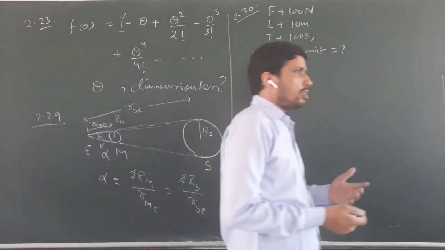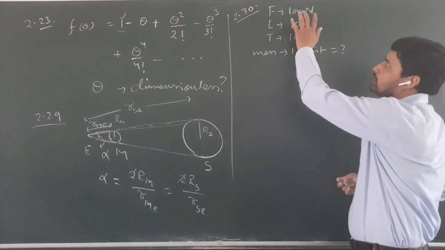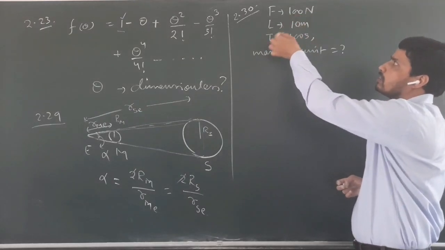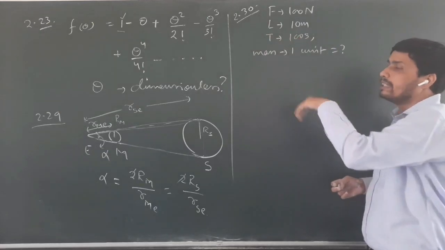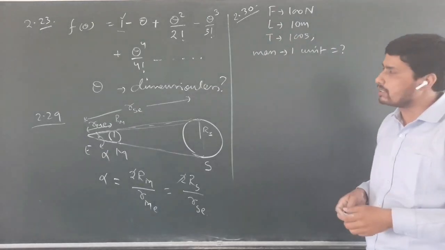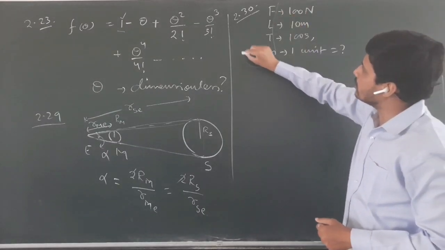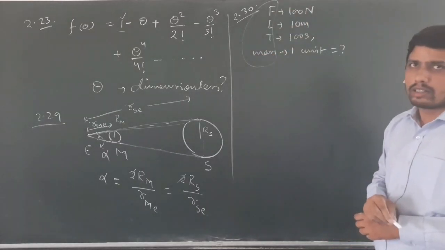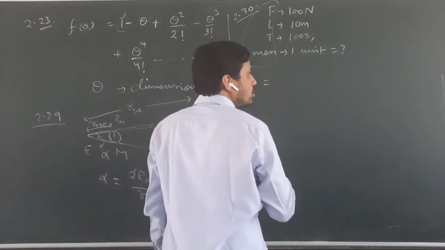Generally we have a prescribed set of units, but if we assume one unit of force is 100 Newton, one unit of length is 10 meters, one unit of time is 100 seconds, then what should be the one unit of mass? To do this question, we must have a relation between these four quantities. Force is equal to mass into acceleration.